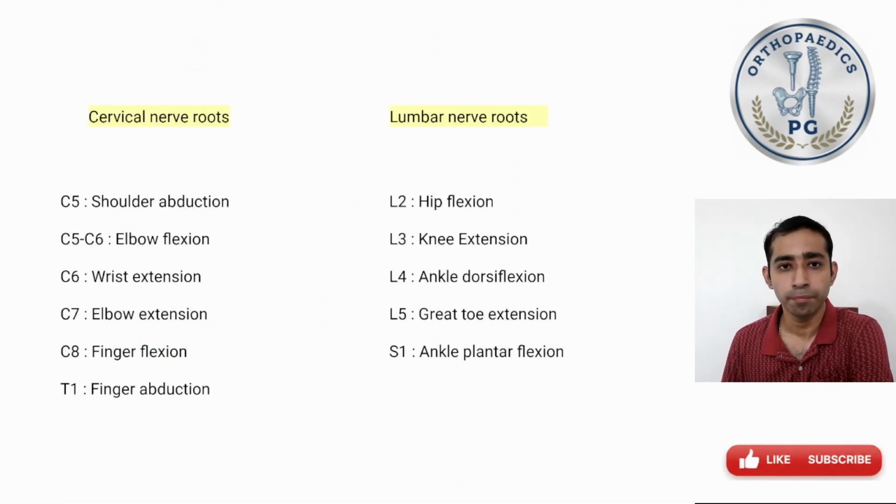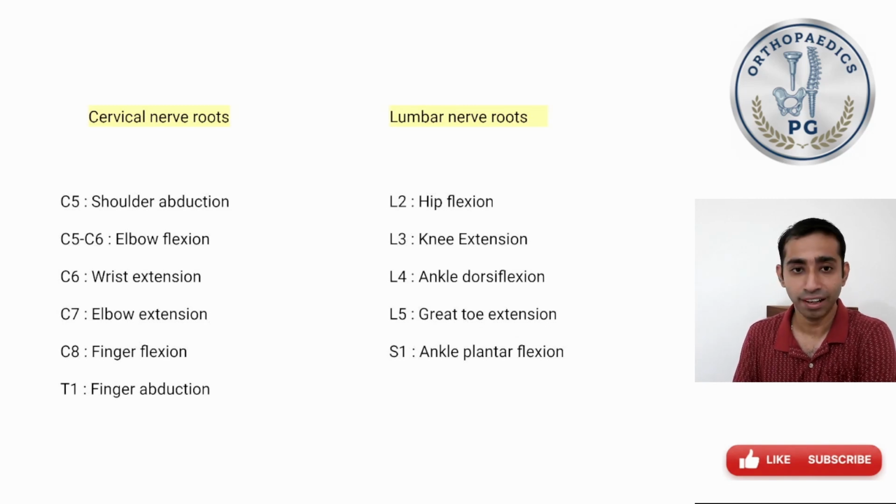Now, though every movement is controlled by multiple nerve roots, each nerve root in the cervical spine and the lumbar spine has been assigned some key movement or muscle for ease of determination of the spinal level.